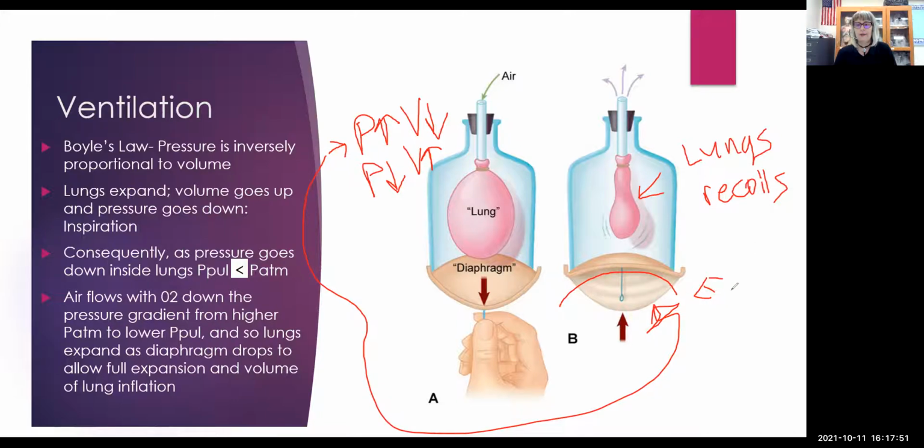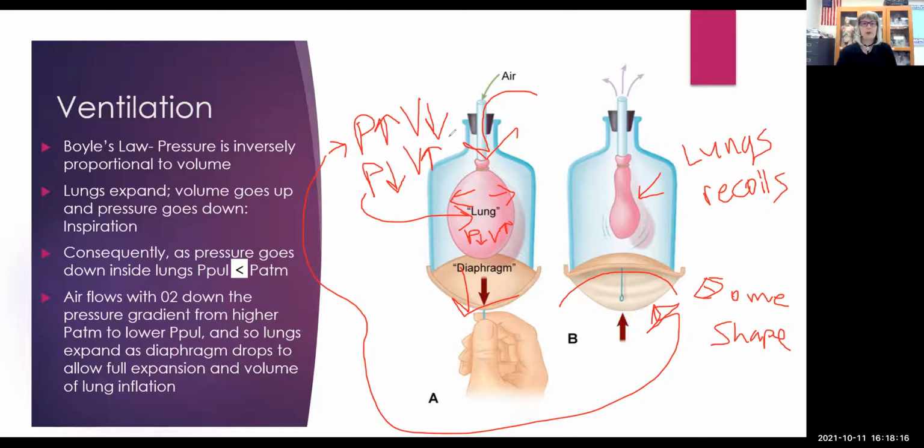Okay, so diaphragm goes back to dome shape. Here, pressure goes down, volume goes up as the lungs expand. So air flows in, diaphragm drops.